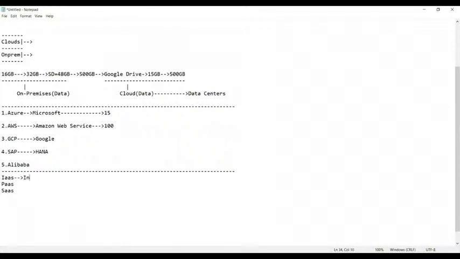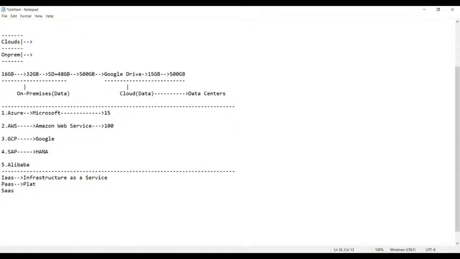So what is IaaS, guys? IaaS stands for Infrastructure as a Service. What do you mean by PaaS? Platform as a Service.